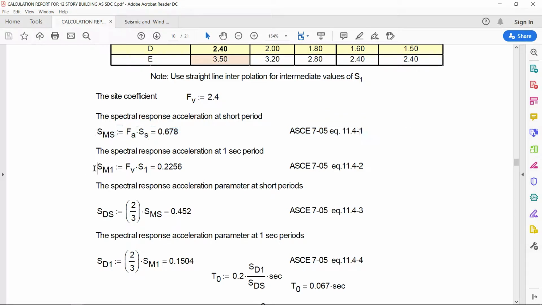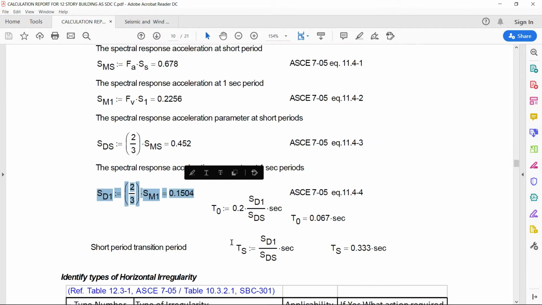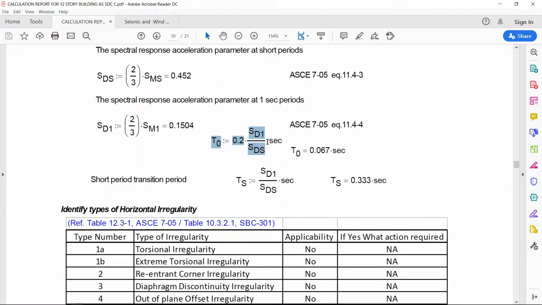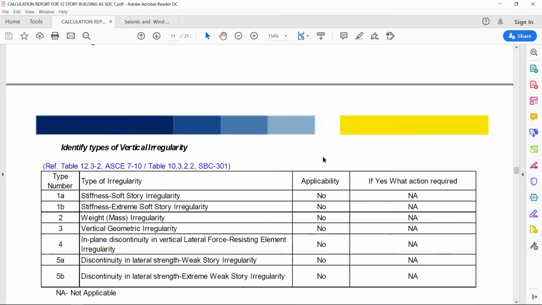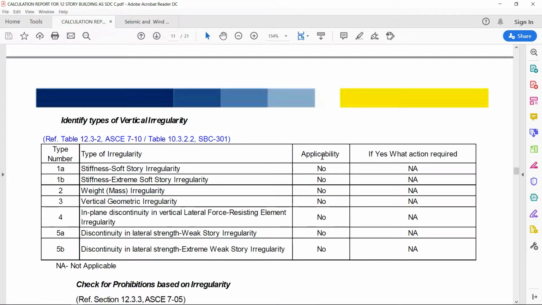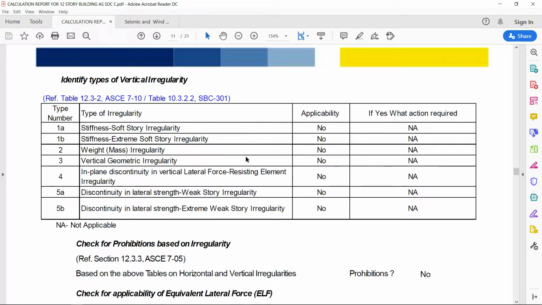SMS, SM1, SDS, SD1, and the basic time periods as defined by the book. Then I checked whether there are some irregularities. Of course, the building is not irregular, it's a regular building, and there are no vertical irregularities.